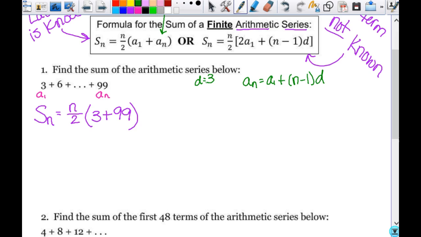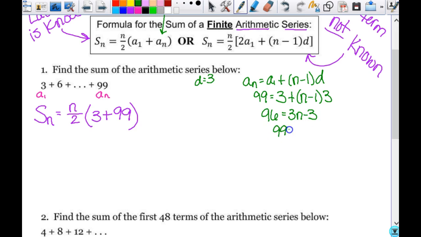So to find n, which I've got to do to be able to finish this, it's going to be 99 equals the first term, which is 3, plus n minus 1, times d, which is 3. So I'm going to move that 3 over. I'm going to get 96 is equal to 3n minus 3.